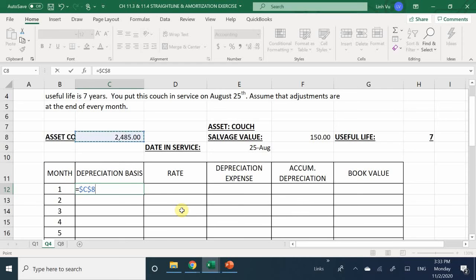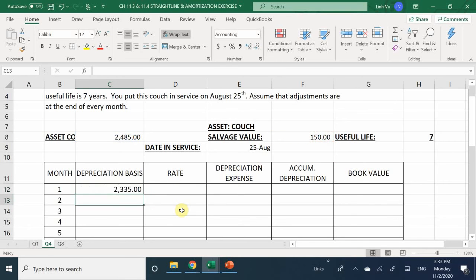The 2,485 minus the salvage, which gives me a grand total of $2,335.